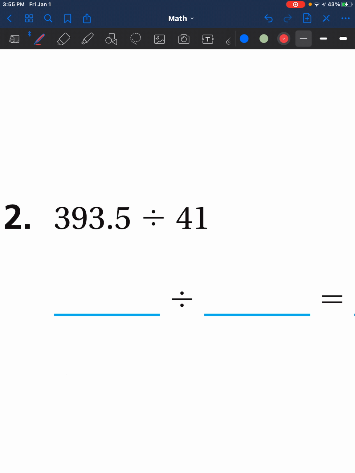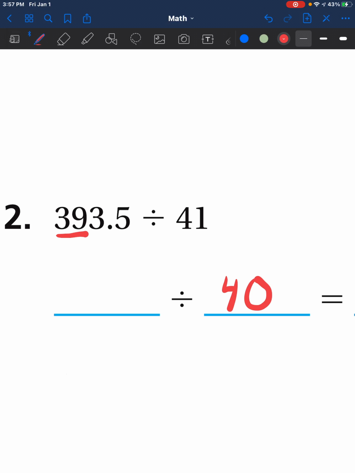Let's look at number 2. It says 393 and 5/10 divided by 41. So for me, I think, okay, that's a no-brainer. I'm going to go straight to 40. And I'm thinking, what's close to 393 that 4 can go into? So if I'm just looking at these first 2 digits, I'm thinking, okay, so 4 times 7 is 28.